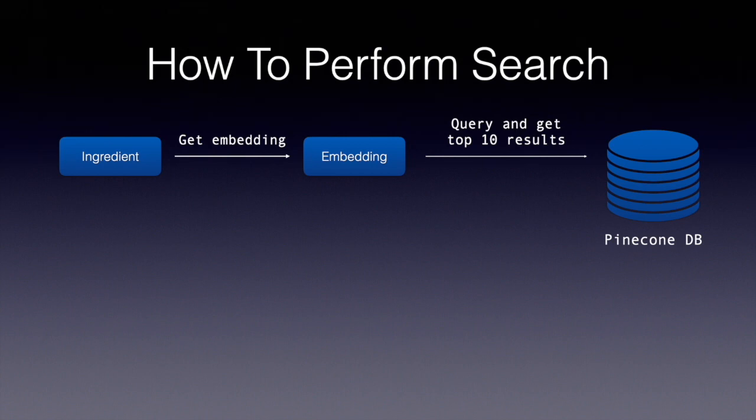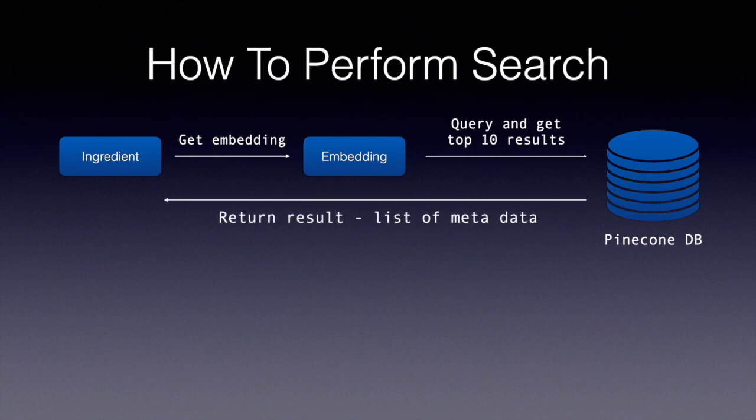Every embedding is like a point in space, so when we query with that embedding, Pinecone looks for the embeddings which are close to it, picks the top 5 or top 10 closest, and returns them. That's it. It returns those embeddings along with the metadata, and we extract the metadata and return it to the user.